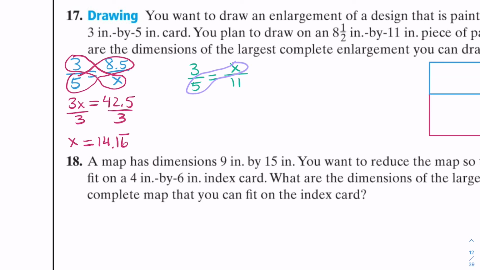So we get 5 times x is 5x, and this ends up being 33. Okay, and so 33 divided by 5 is, x is 6.6.